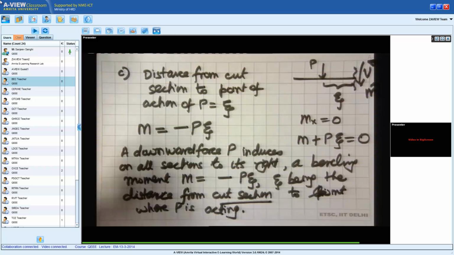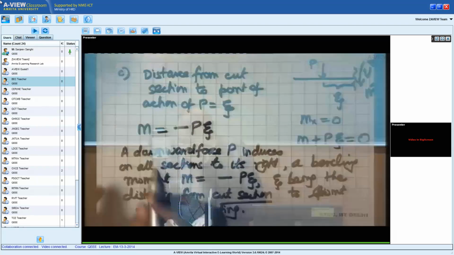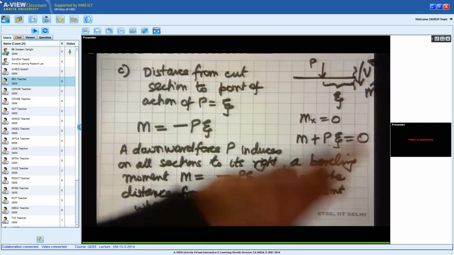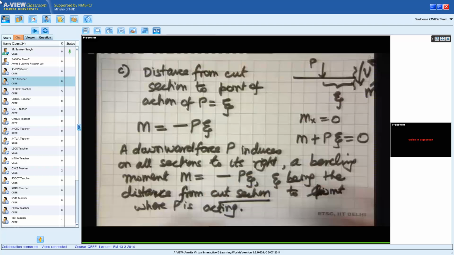So this is what I get for the bending moment, and just copy this down, and then I will make the fourth rule which will be exactly identical. I will replace the downward by upward, and the moment you will see will become M is equal to plus P zeta. So this is just the sign change.